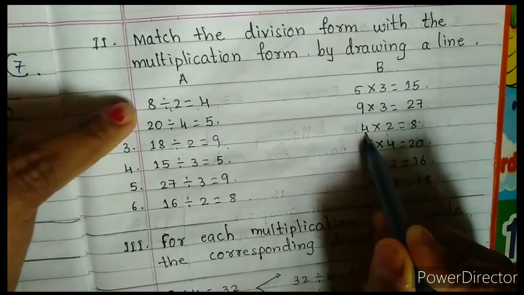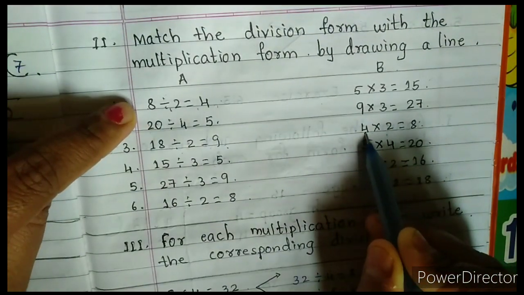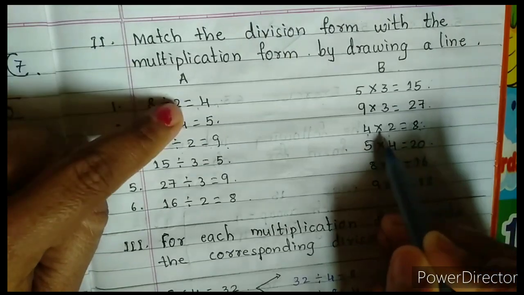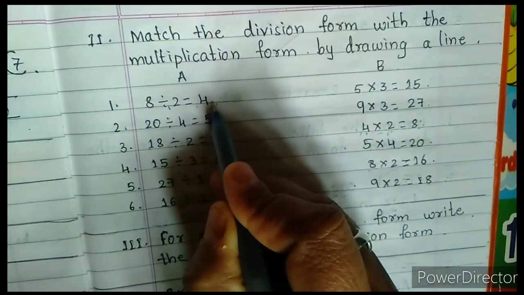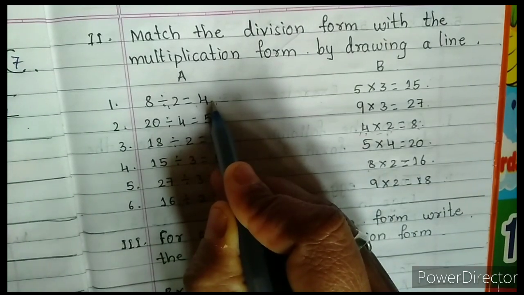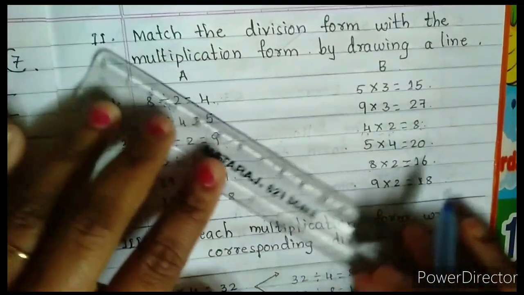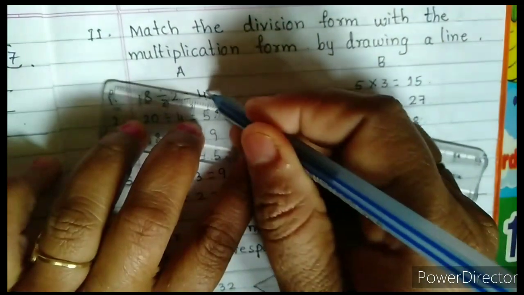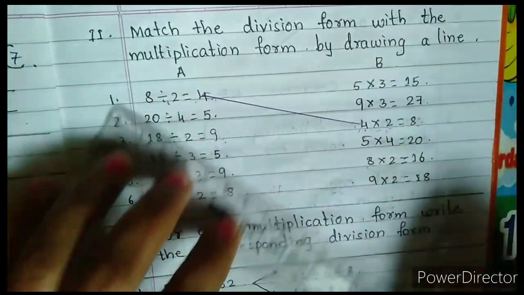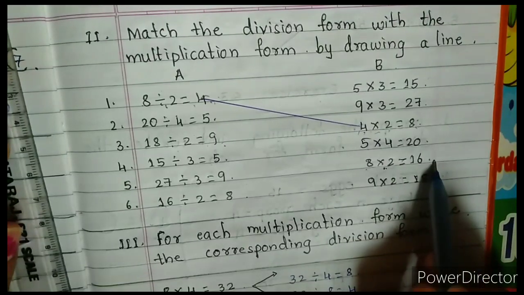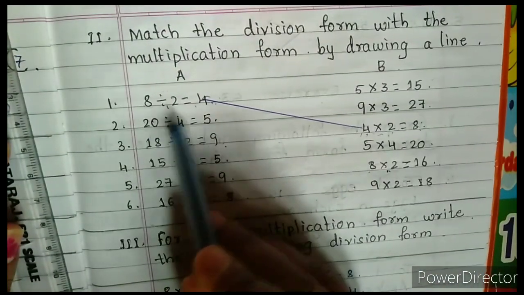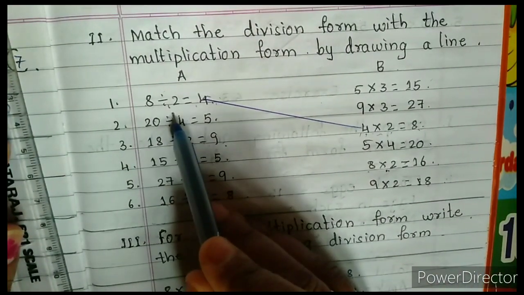So now you have to compare this. 8 is there? Yes. 2 is there? Yes. 4 is there? Yes. So you have to draw the line. And why is the other one not matched? Because 2 and 16 are not at all matching these numbers.